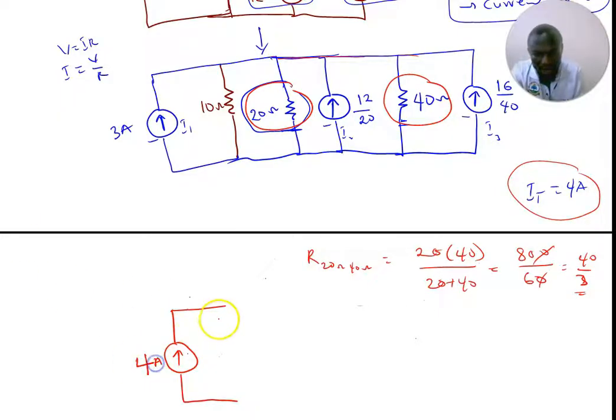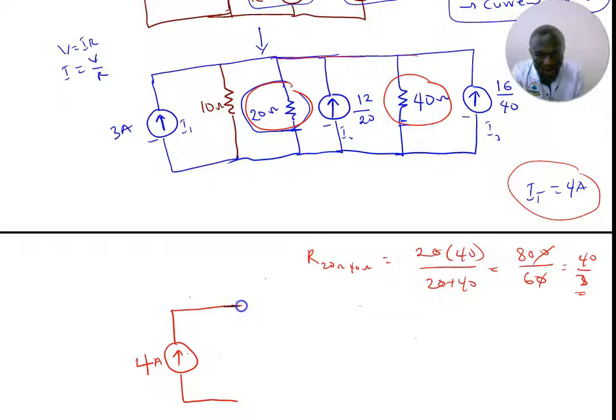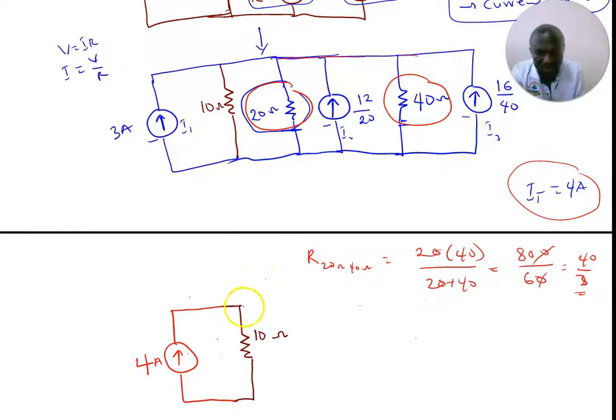4 amps here. Then I will have my 10 ohm resistor over here. I've not changed anything. So I have my 10 ohm resistor here, and attached to it is the resistor that we combined from the two resistors, which is equivalent to 40 on 3.